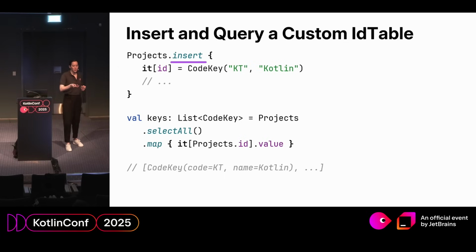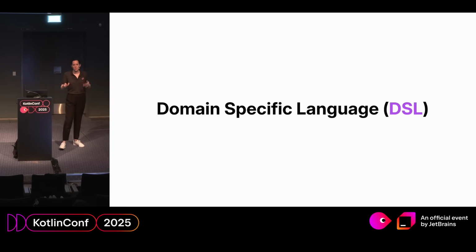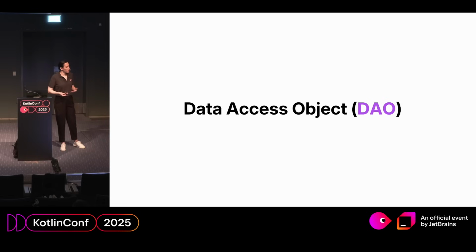Now, these insert and select, all read and write operations, are part of the domain-specific language approach offered by Exposed, which is meant to offer type safety, but in a way that feels and reads like standard SQL. And even though the ID table that we've seen is very commonly associated with the data access object approach, which still offers type safety, but is less verbose and abstracts away even more the underlying implementation of how data is being accessed.